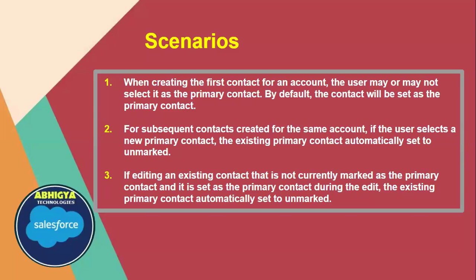In that case, whichever one they set as primary, we automatically set the previous contact to false. And third is already existing contacts. Out of the existing contacts, if anyone is marked as the primary contact, we need to uncheck the existing primary contact. Okay, let's see the demo.